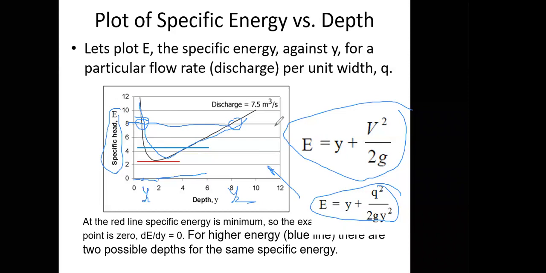Okay, so by plotting the specific head or specific energy in this plot, we can determine at which point the depth will increase, the deeper the channel, when it's going to decrease the specific head, and when it increases at some point.